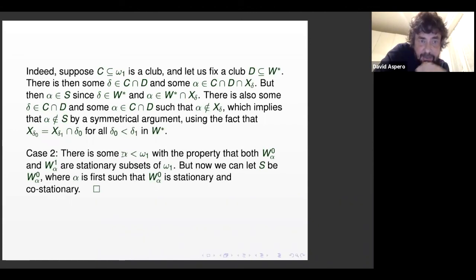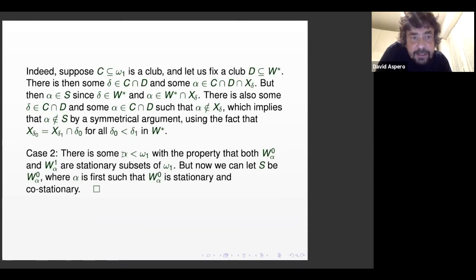But then alpha will be in S, because delta was in this nice set W star, and alpha is in X delta.